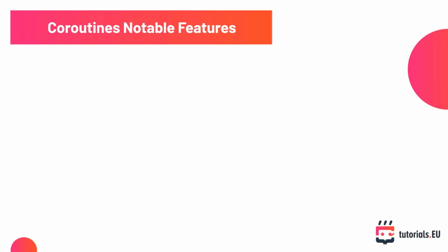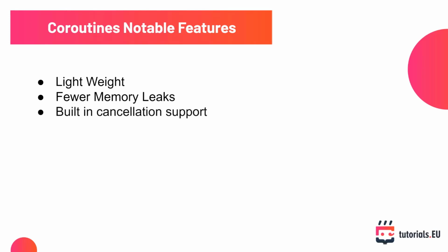So to summarize the features of coroutines, first of all, they are lightweight. This means that you can run many coroutines on a single thread due to the support of suspension. Then you have fewer memory leaks. By running a coroutine in a specific scope, you ensure that they do not leak as it terminates at the end of its scope. Then you have built-in cancellation support.